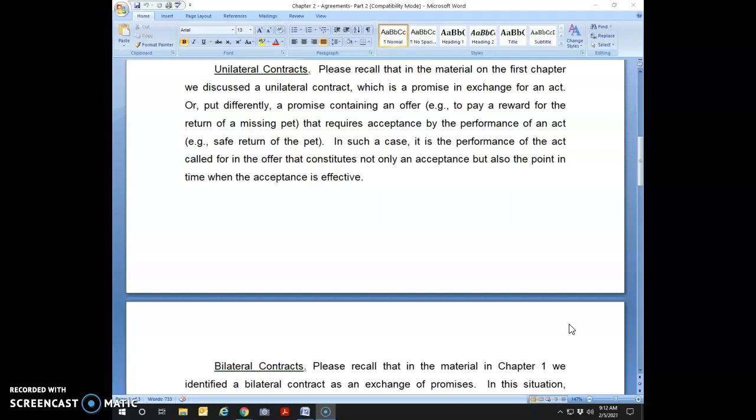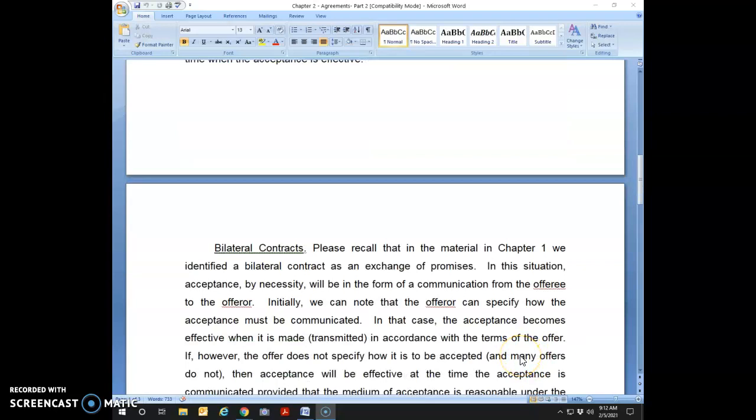A bilateral contract, on the other hand, is where parties exchange promises. So in this bilateral contract, the contract is formed by an exchange of promises. A typical example of a bilateral contract would be a contract for the sale of real estate.